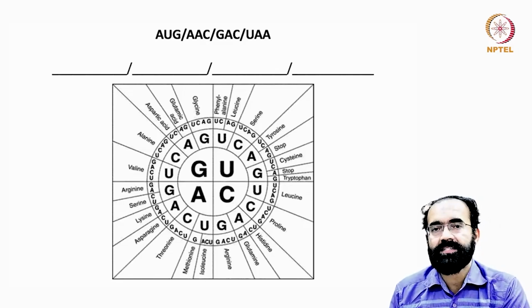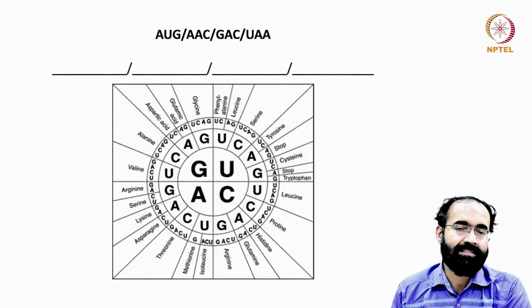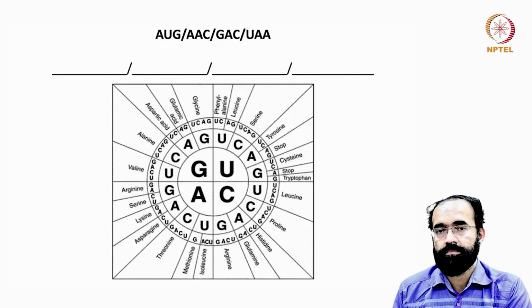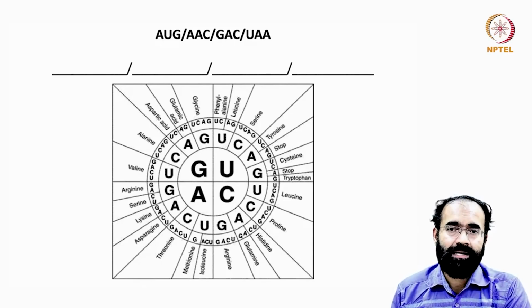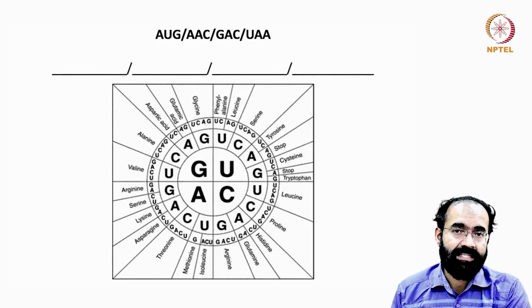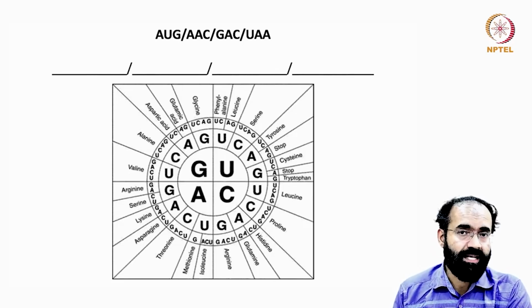So we should also understand that in bacteria, plants and mammals, or the animals, plants and bacteria prefer a certain set of codons, but they follow the same rule.